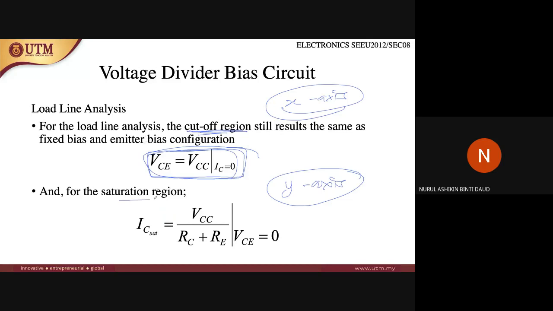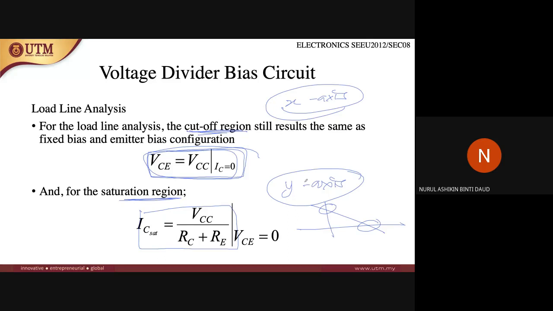For the saturation region, it is also not different from the emitter stabilized bias circuit: VCC divided by RC plus RE. Once you get these two values, connect these two points and you will get the load line.